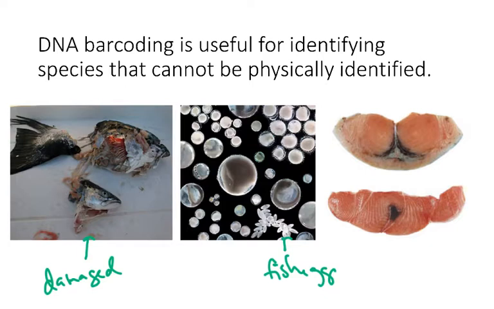But if you use DNA barcoding, you can differentiate them. And like we talked about before, if you're looking at fish fillets or something like that, where it's only some part of the whole organism, so that you don't have the characteristics of the organism itself anymore, DNA barcoding is one technique you can use to figure out what type of species it is using that molecular CO1 genetic barcode.